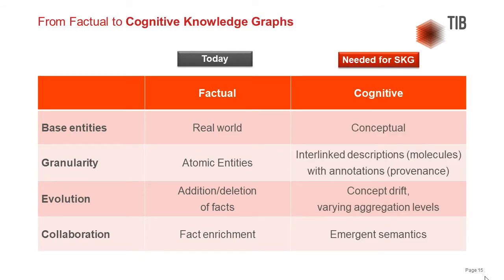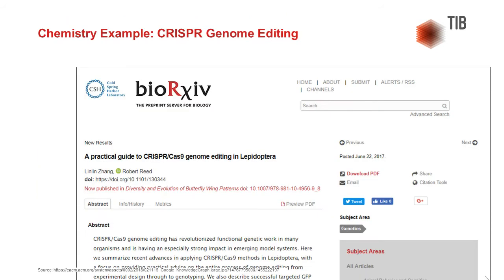For scholarly communication, we also need more conceptual entities, like research approaches, for example. We need to interlink such descriptions with annotations and keep the provenance. We need to track the concept drift and varying aggregation levels, and have emerging semantics in this collaboration.